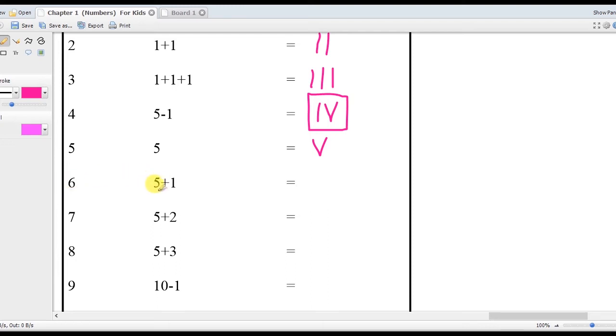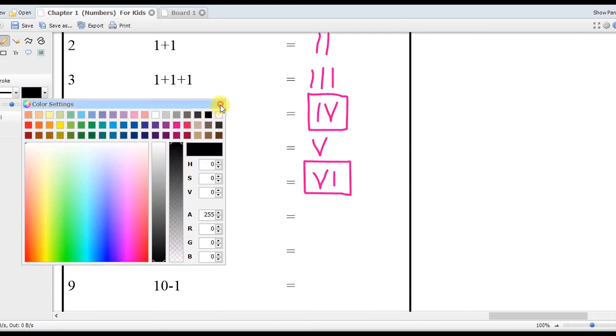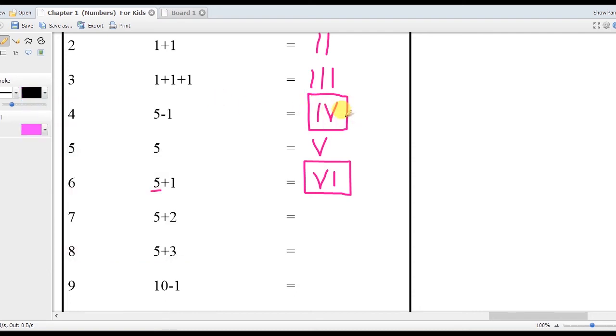Now coming to the digit 6. The basic symbol we have learned for 5 is V, and it is plus 1. If you add 1 to 5 you will get 6. Simple. So what is the Roman representation of 1? It's I. Now here arises a question: how do we know whether we should write I before or after this V, right?